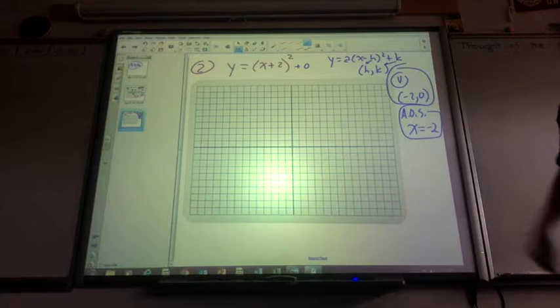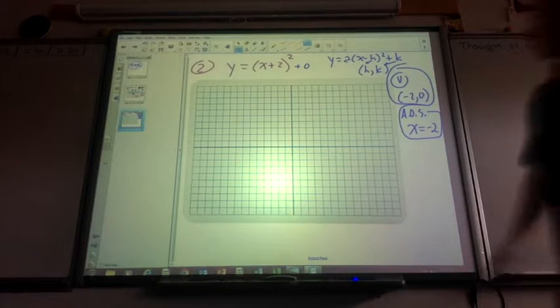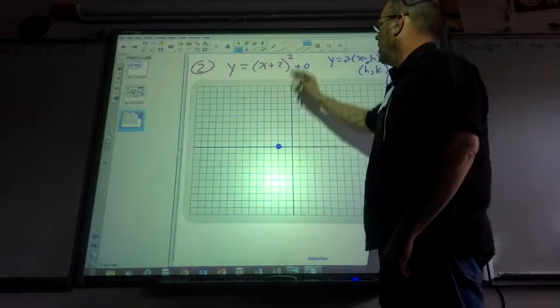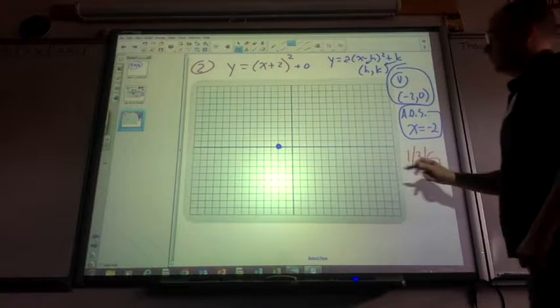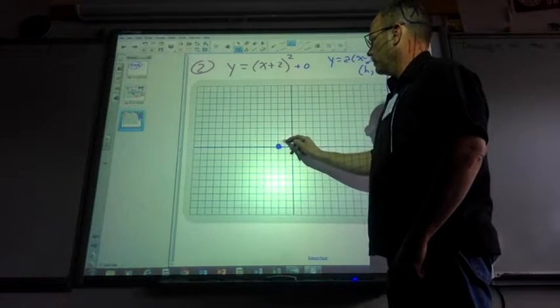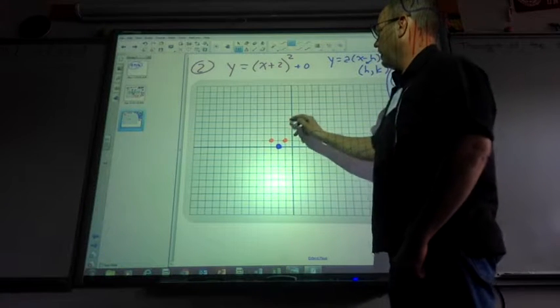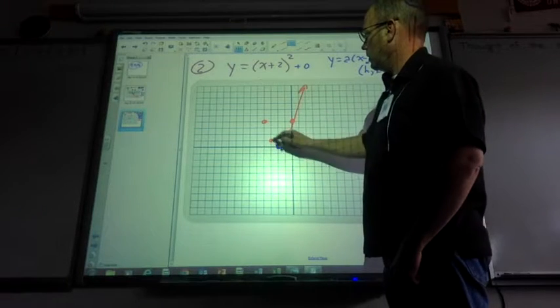Do we have enough information to start graphing this bad boy? Sure do. So negative 2, 0 is right there. Does my pattern graphing start working with 1, 3, 5? Sure does. Right one up 1, left one up 1, right one up 3. Hey, what did I just find? The y-intercept.